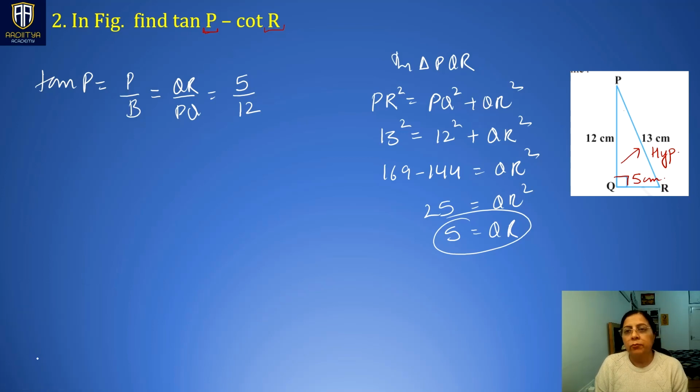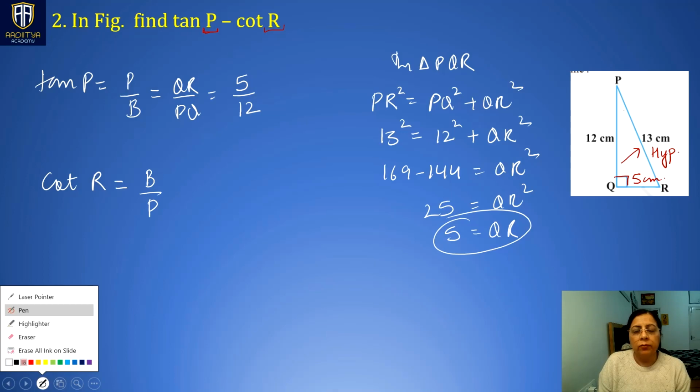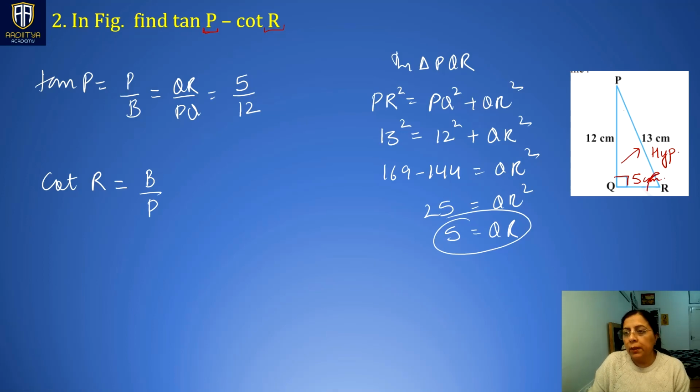What we have to do is find cot of R. What is cotangent of R? Cotangent of R is the reciprocal of P by B, that means base upon perpendicular, regarding angle R. Now we are taking the ratio about angle R. If R is the concerned angle, then R has to be between base and hypotenuse. So this side becomes the base and this becomes the perpendicular.